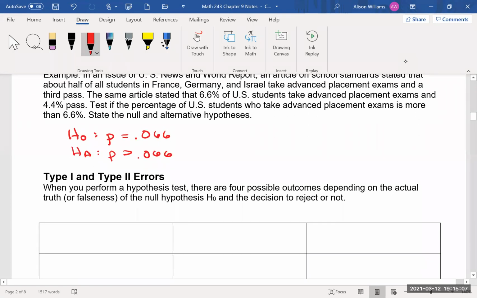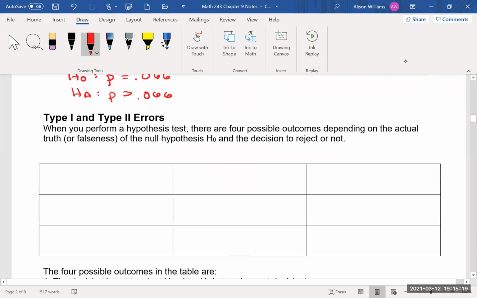That's kind of what you'll be looking at. I did want to talk about errors in hypothesis testing. So we have a couple of important things we need to keep track of when we're doing a hypothesis test. So I created this little table here for us to fill in. And here's what we're going to put. We have 2 actions in our hypothesis tests.